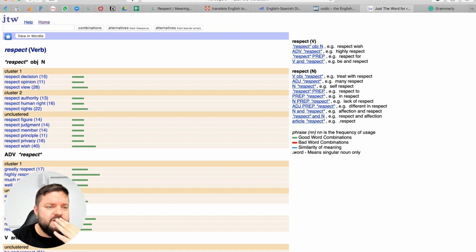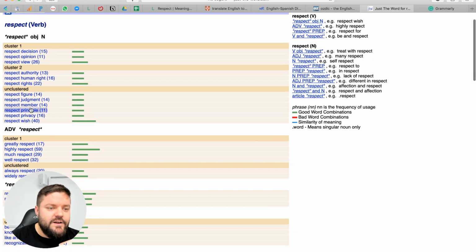We enter the word respect and we see, okay, respect as a verb goes with, for example, respect decision, respect opinion, respect view, and you have these green bars which let you know in some way how often these combinations occur. And you see that these are linked to some pages.